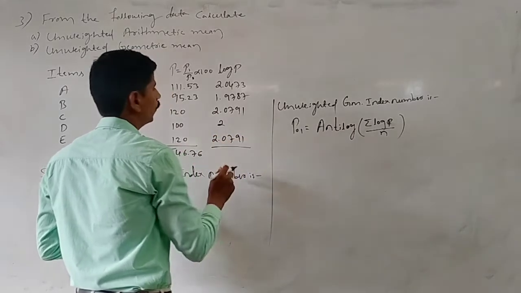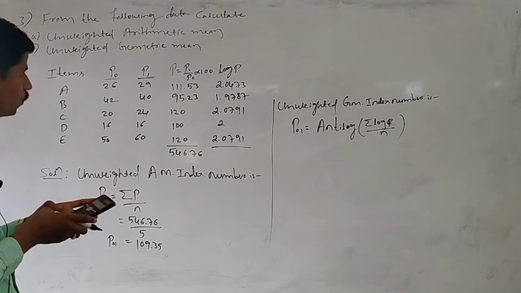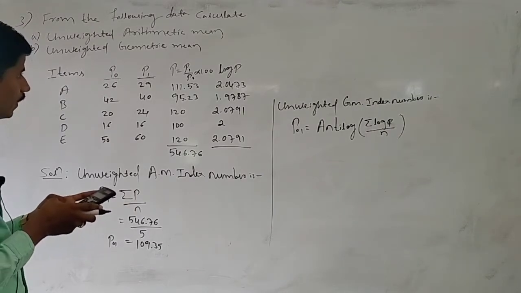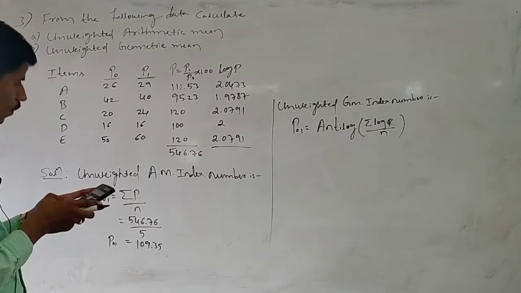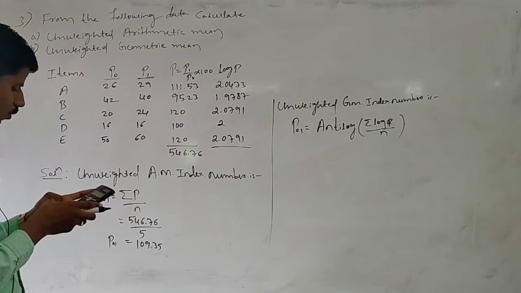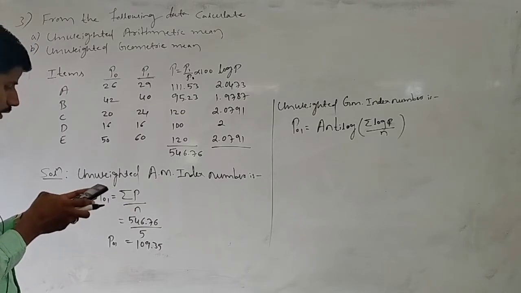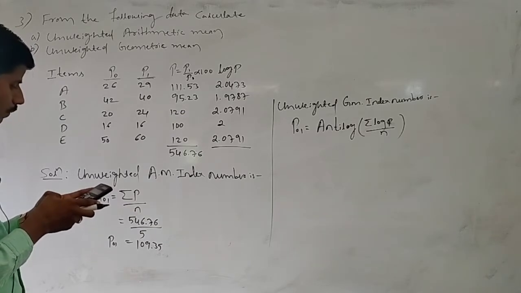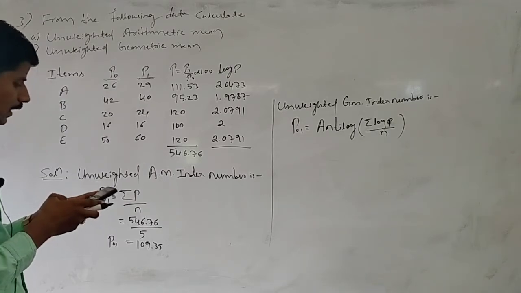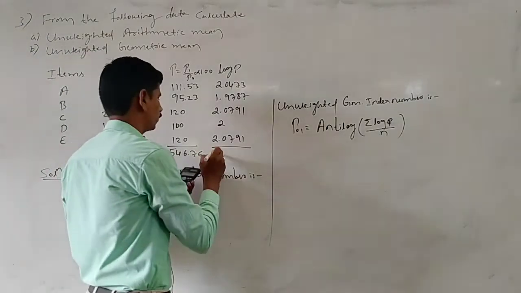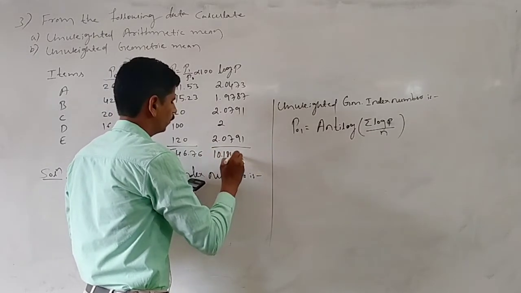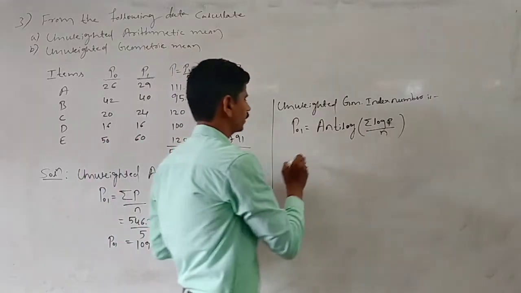We want sum of log P, that is 2.0473 plus 1.9787 plus 2.0791 plus 2 plus 2.0791. Then we get 10.1842.